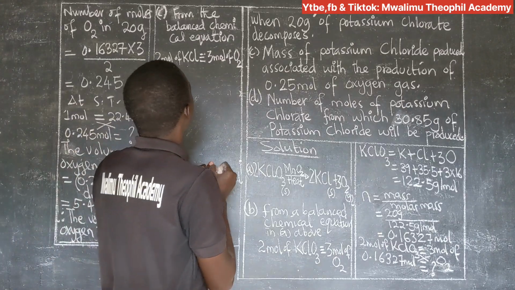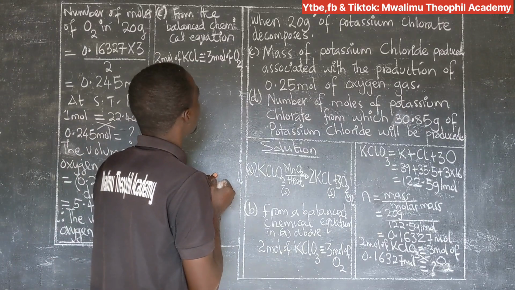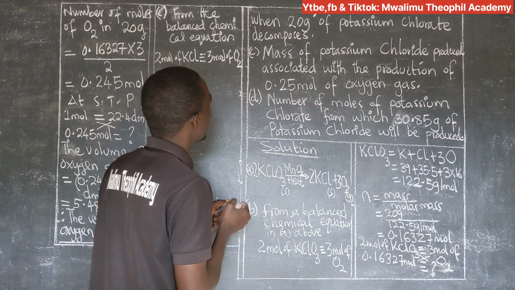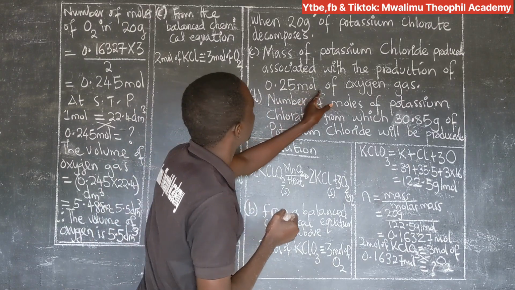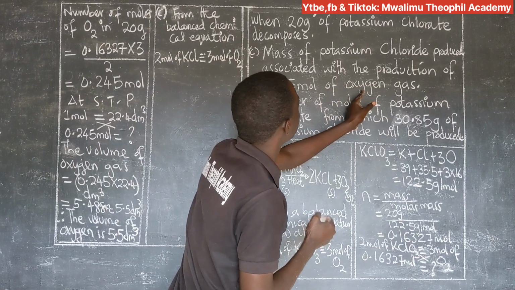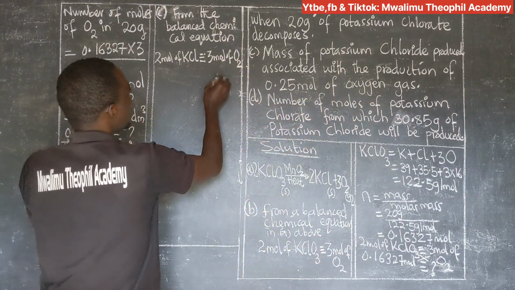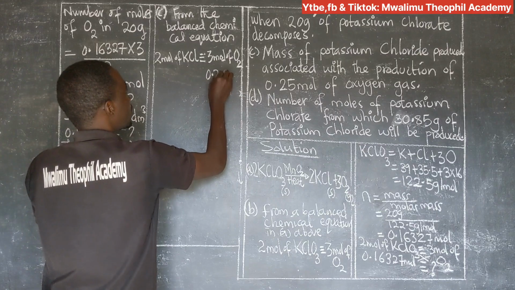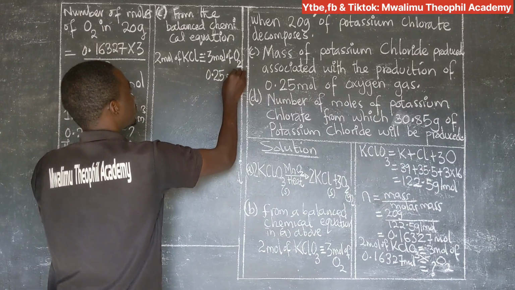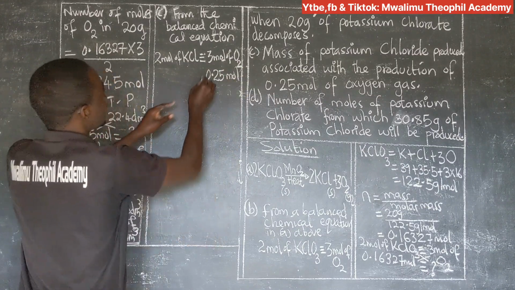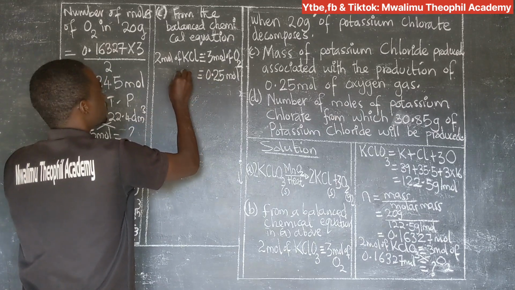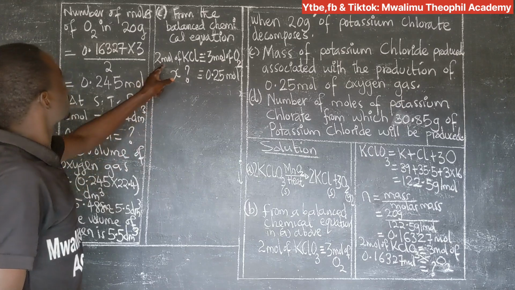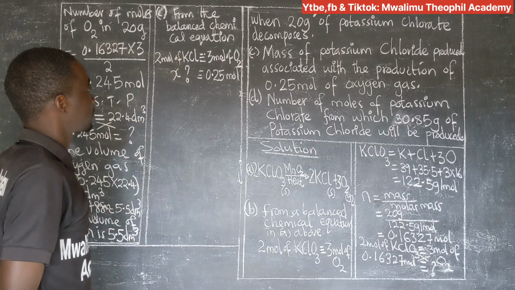Now, how many moles of potassium chloride will be there when 0.25 mole of oxygen gas is produced? For oxygen gas, we are given 0.25 mole. This will be equivalent to how many moles of potassium chloride?